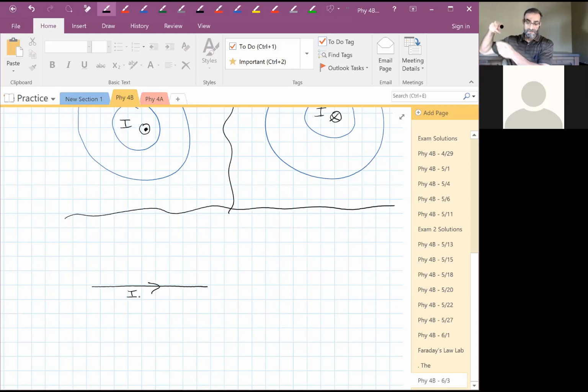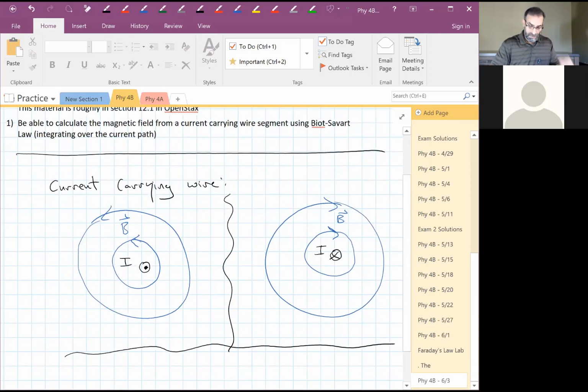So if we're looking down the wire like we are in one of these cases. Okay, so let's take the one on the left. The current is coming toward the camera down the wire. We put our thumb in the direction of the current, and we know the magnetic field forms a circle around the wire. So if I was standing with my magnetic field sensor above the wire and the current was coming toward the camera, what direction would the magnetic field point?